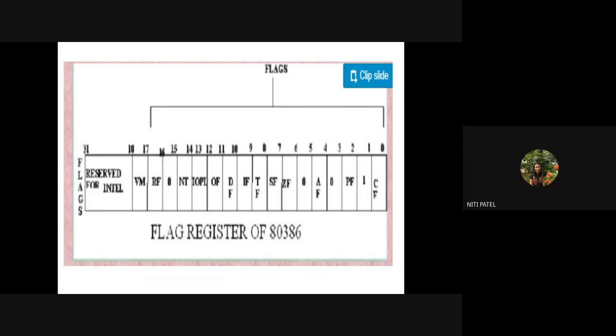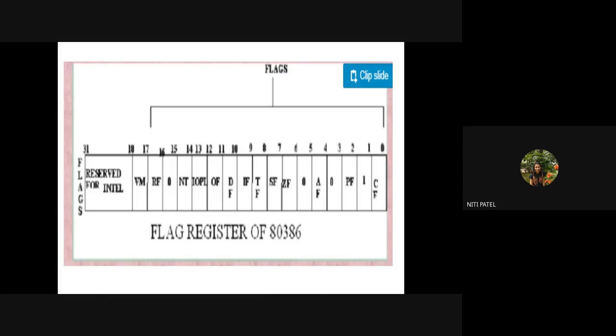We had also seen that there are different flag registers, out of which carry flag, parity flag, auxiliary carry, zero, sign, trap, interrupt, directional and overflow. All these 9 flags remain common to 8086. The 8086 flag register is of 16 bits because there the data bus and address bus are of 8 and 16 and 20 bits.